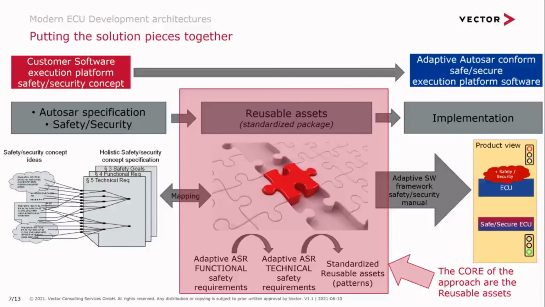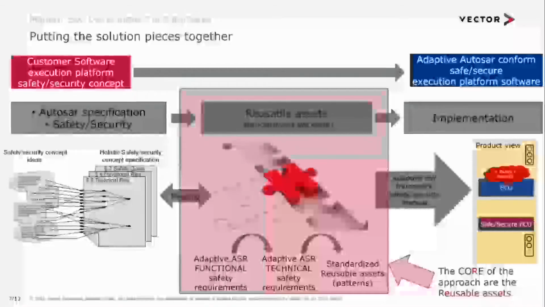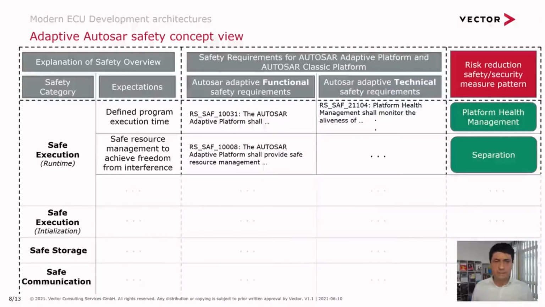Because the reusable assets are the core, the foundation of this bridge between the concept and the actual implementation, I would like to elaborate a little more on the procedure we followed for synthesizing those reusable assets. This looks like a big matrix. This is only to give you an impression; in reality, it looks quite a bit bigger. On the left side, you see very high-level safety category definitions, like safe execution during initialization or during runtime, or storage of data.